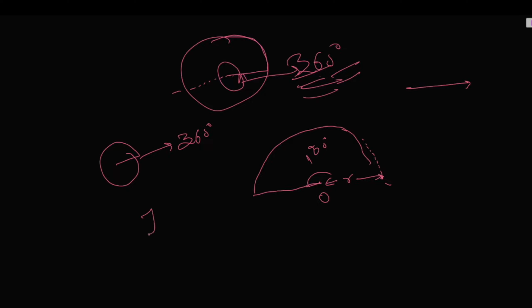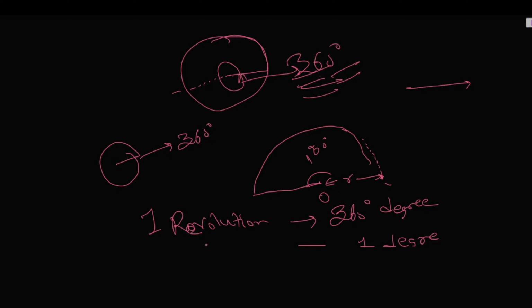So we know when a complete revolution has been done, we call it 360 degree. So I can say one revolution corresponds to 360 degree. Then what will be 1 degree? 1 by 360th of the revolution.